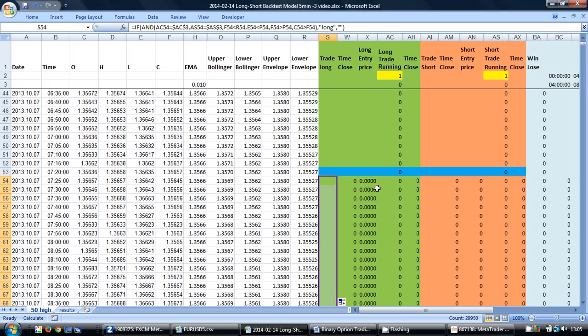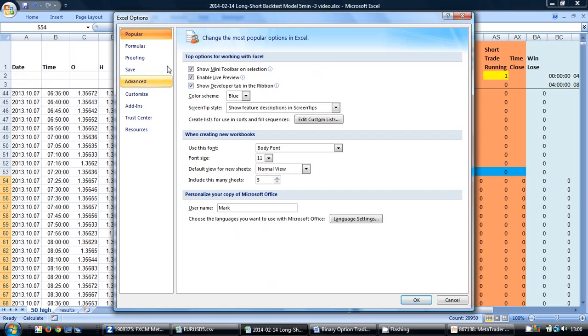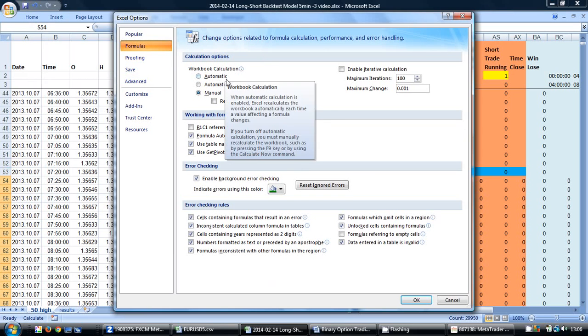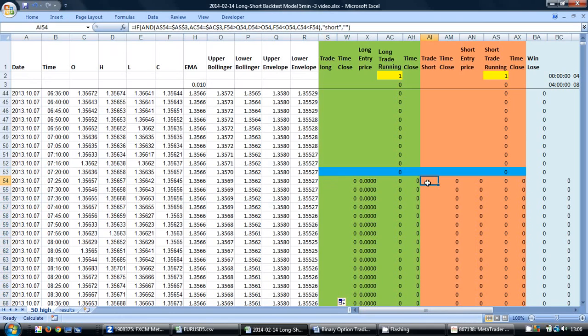If you've got a relatively slow computer and you're using Excel, what you have to do is go into options and tell it not to update the workbook calculations automatically, otherwise it is just too slow to do anything. Okay, so I'm going to copy these down, I'm going to click on calculate, and my fairly slow system is going to chug through the calculations.